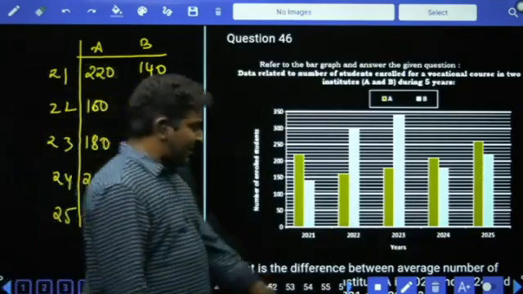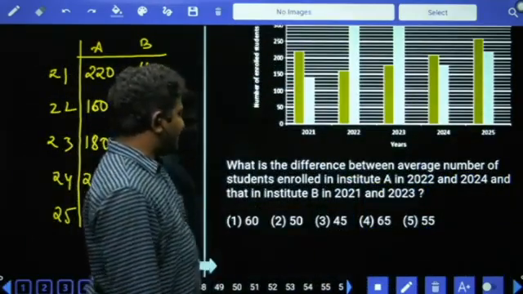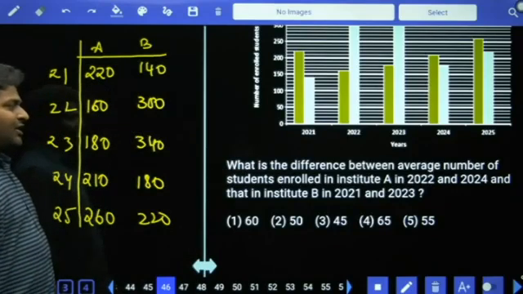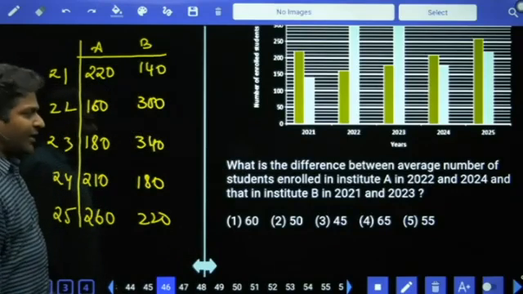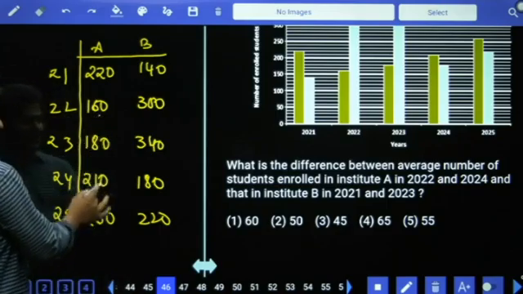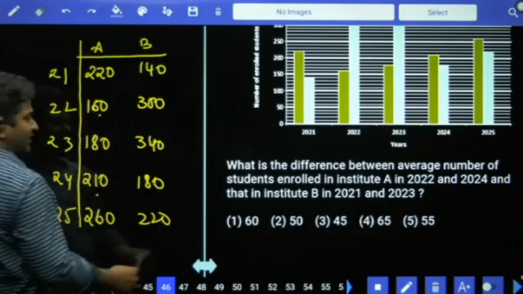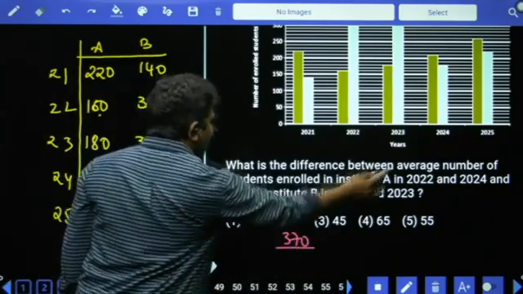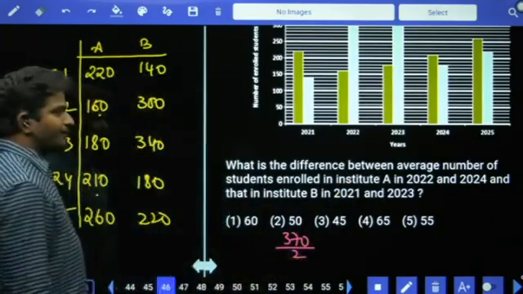Once the table is ready, let us solve these questions now. What is the difference between the average number of students enrolled in Institute A in 2022-24? 22-24, the sum is equal to 370. But we were asked to calculate the average, so divide by 2.